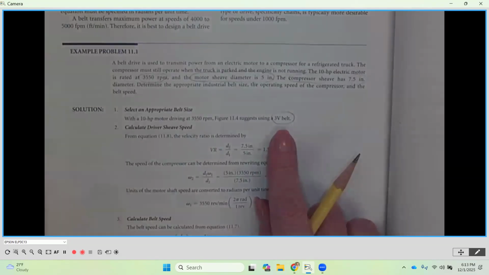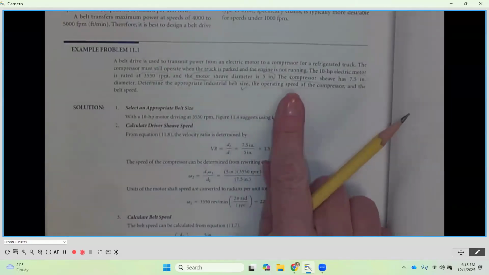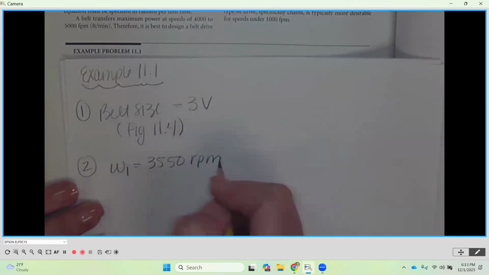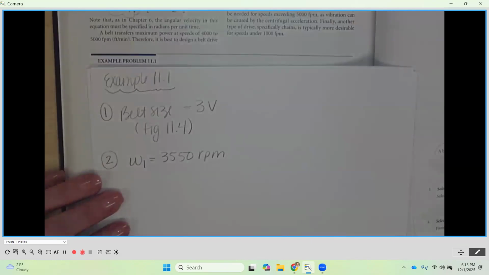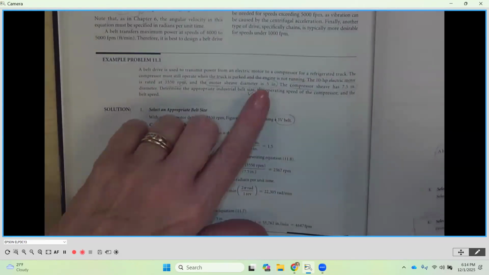The next thing we need to do, so we've already determined the industrial belt size, is determine the operating speed of the compressor. Right now, we know that our W1, which is our driver, is 3550 RPMs. We also know the pitch diameter of that sheave. D1 was equal to 5 inches.